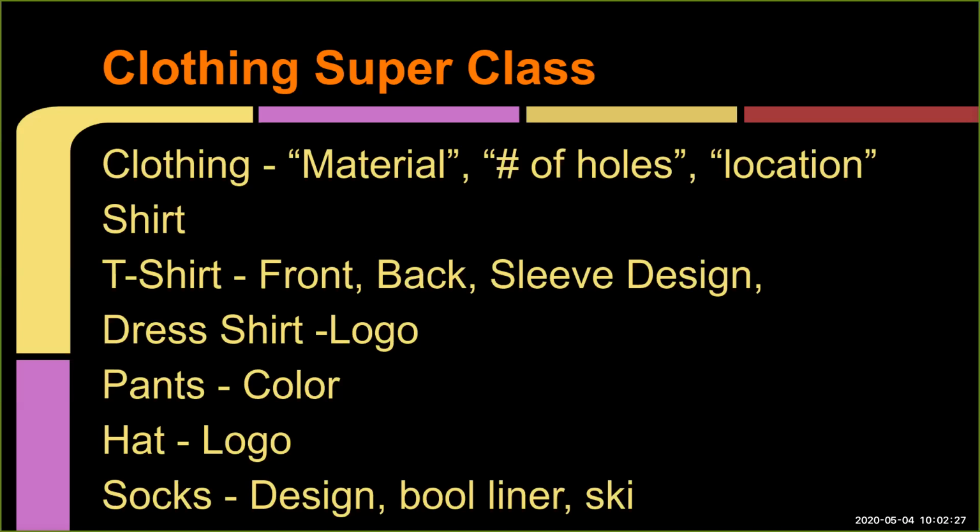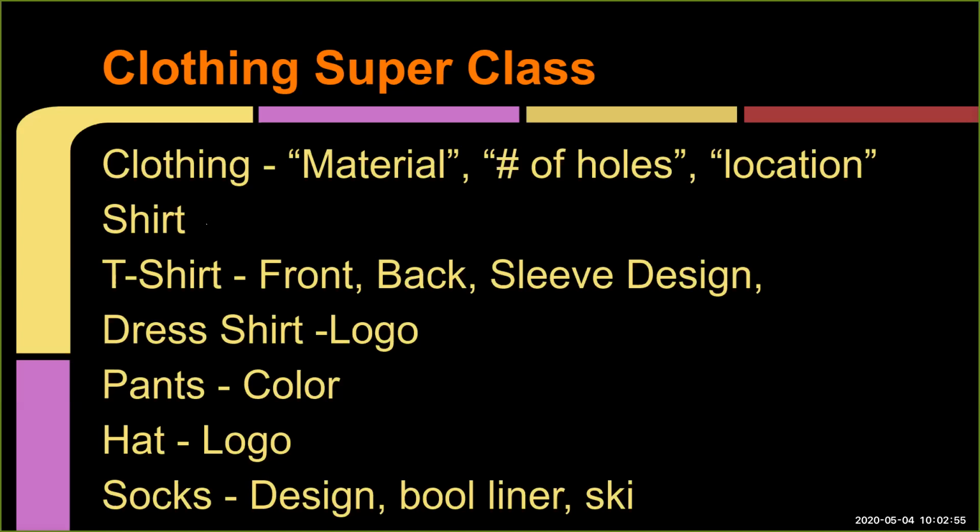But then these subclasses, or these children classes, would inherit from clothing. So when they inherit from clothing, they would get this material, number of holes, and location. And even a shirt may have this set. All shirts may have the same number of holes and be worn in the same exact location.